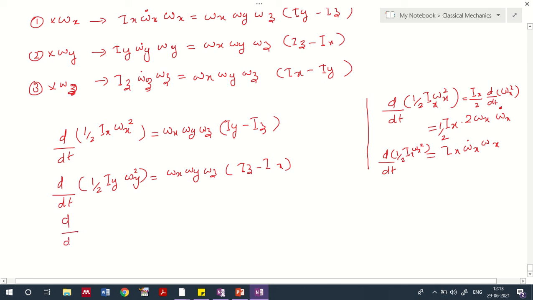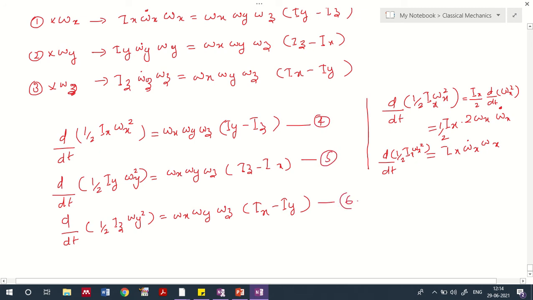Then we'll have d by dt of half Iz omega z square is equal to omega x omega y omega z times (Ix minus Iy), like that. So I can represent the equation in these three forms. I'll keep them as equation number 4, equation number 5 and equation number 6.